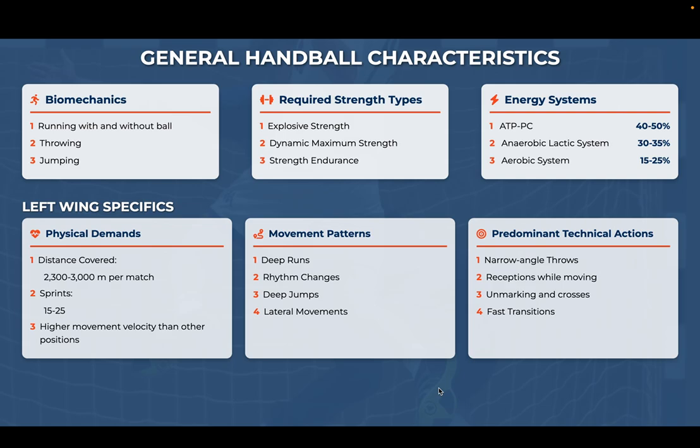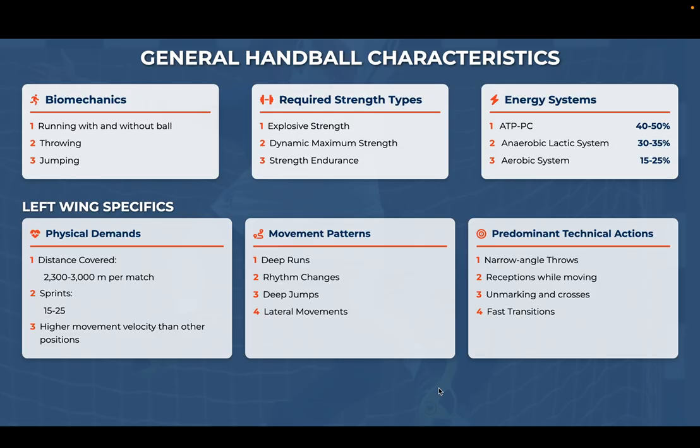And it also includes all the jumping that it has to do to throw, to defend, to block. That means that the required strength types will be explosive strength, dynamic maximum strength, and strength endurance.